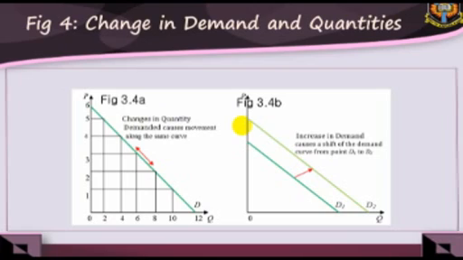Thus, a change in quantity demanded refers to movement along the same demand curve, while a change in demand is a shift of the demand curve. A similar analogy can be given to the supply side of the market. A change in supply indicates a shift in the entire supply curve, whereas a change in quantity supplied shows a movement along the supply curve.